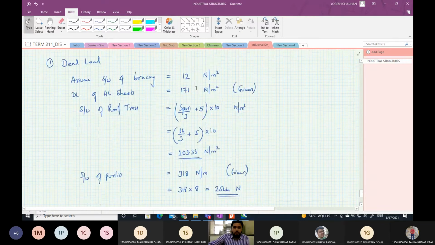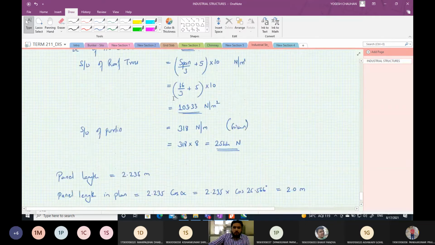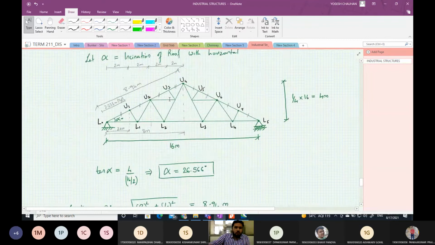Now we find the load on each panel point. Load on this panel point will be half from this panel and half from this panel.